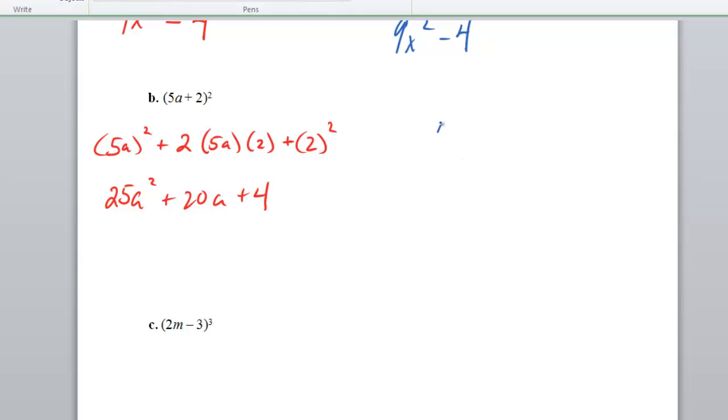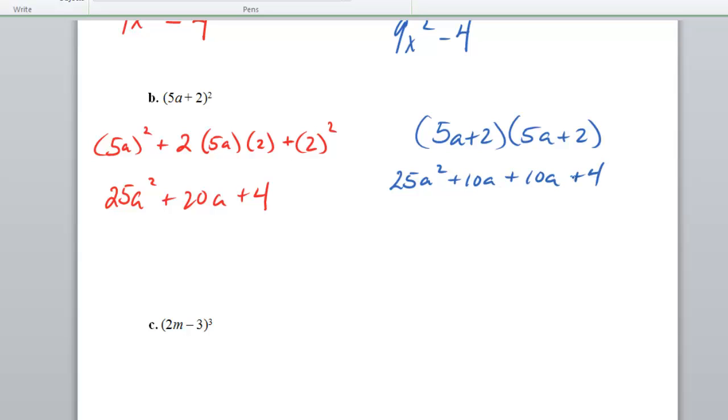Again, you may choose to simply expand this squared to two binomials and then FOIL it. And you can see the middle term is happening twice. That's why we had the 2 times those values, which gives us 20a plus 4, and we come up with the same answer.